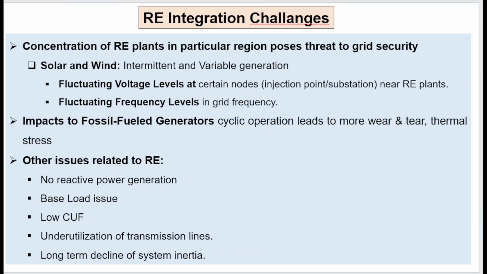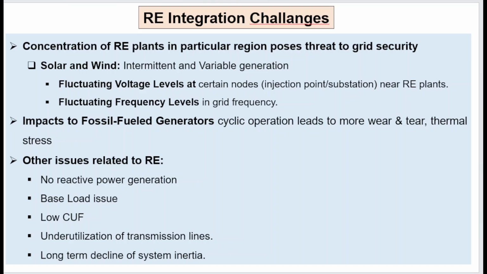The second problem with RE is that it impacts the fossil fuel generators. When the solar energy is more, and I will tell this in some other lecture, renewable energy has a must run status. It means that whatever renewable energy is generated has to be supplied. So if renewable energy like solar or wind is more and our requirement is fixed, then we have to back down some sources.